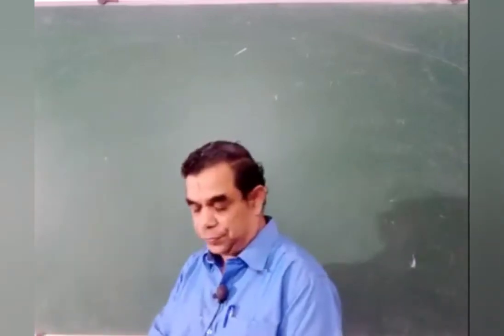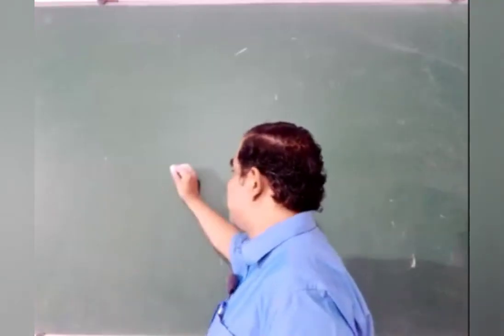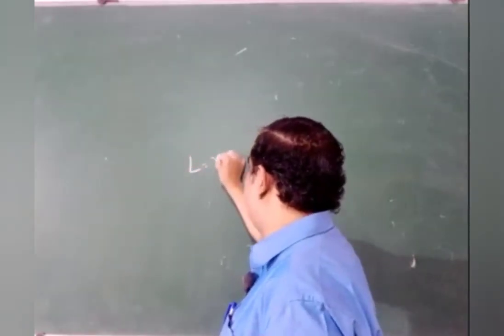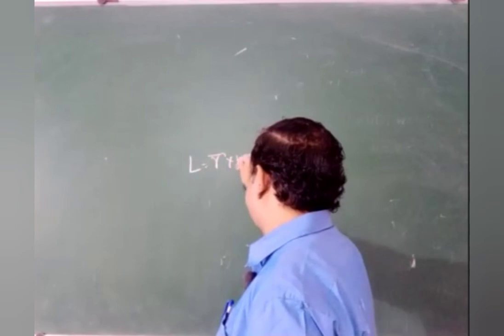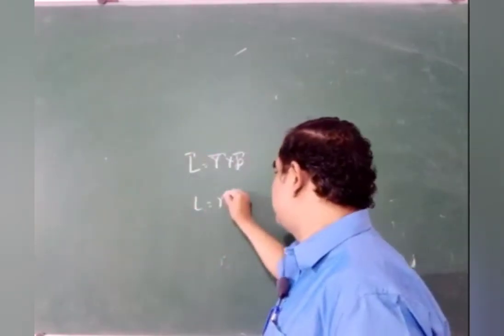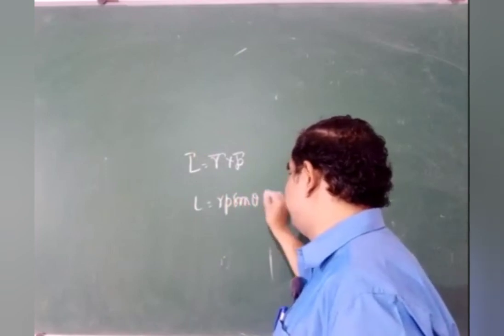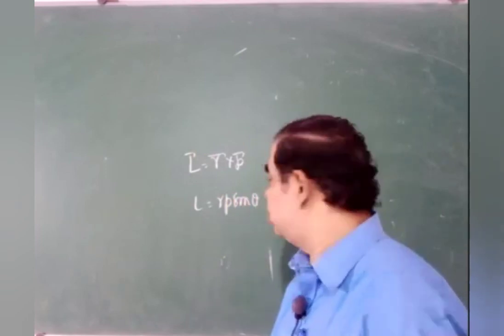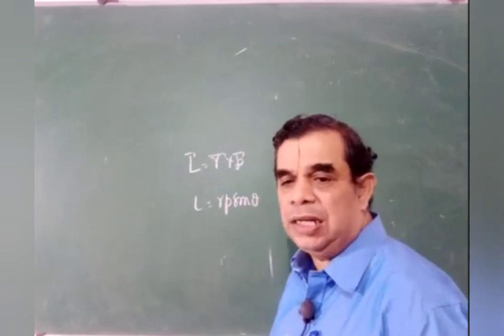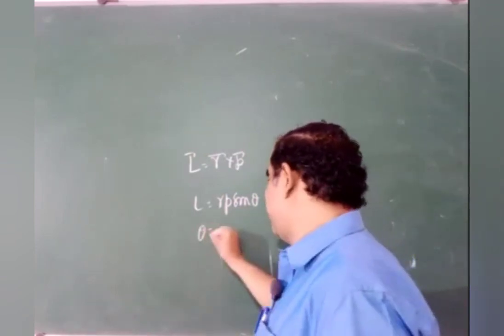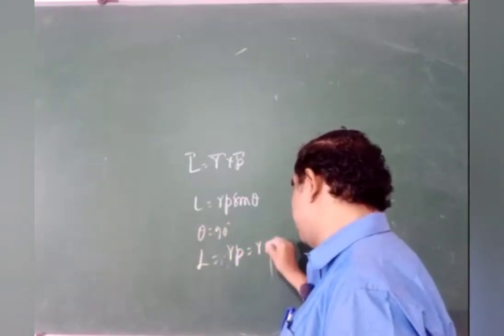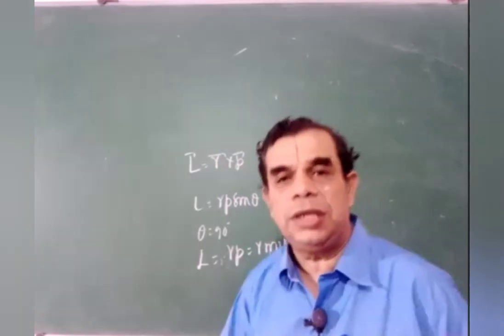Just observe. It is like this. Say L, angular momentum, is R cross P. If I take only the magnitude, R P sine theta, only the magnitude. Sine theta is 1 if you take R and P at 90 degrees. When theta equals 90 degrees, L equals R P, that is R into m v.